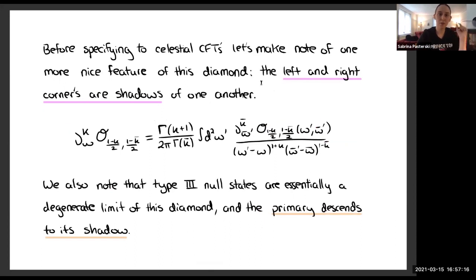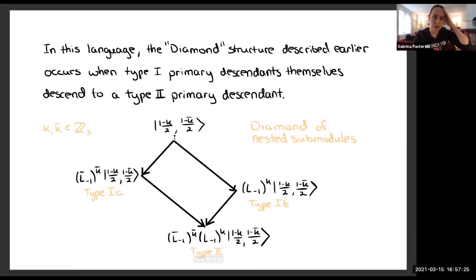Good, okay. Before I move on to celestial CFT specific things, there's another thing that's true for any CFT: if I have this diamond structure, with 1a and 1b descending from the same state, then the 1a and 1b are the shadow transforms of each other.